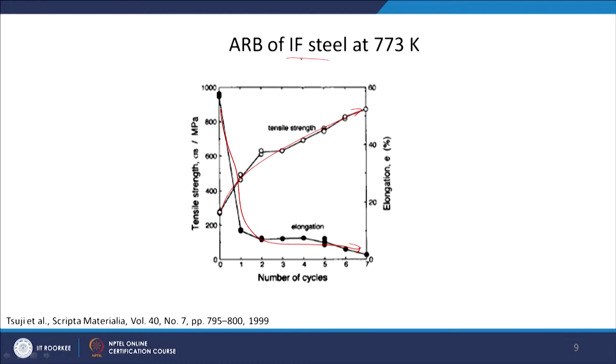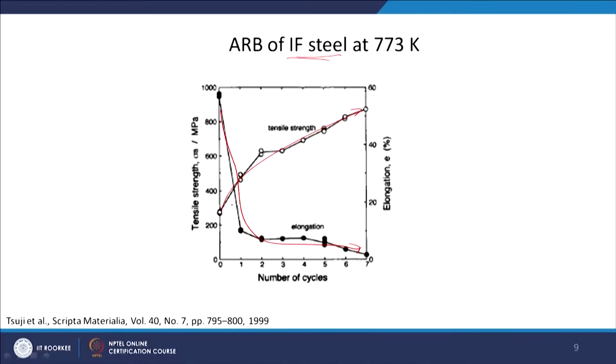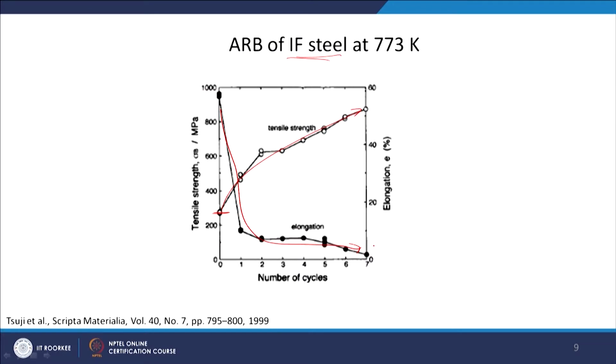This result is in IF steel, which is called interstitial free steel. That means you have removed all the alloying elements from the interstitial sites, so it is usually a very soft material. You can see that without ARB, in the normal condition, the strength is maybe around 250 megapascal, but with ARB you can increase it to 800 megapascal, but at the cost of a reduction in elongation from around 60% to very low, maybe around 5% or so after 7 cycles.